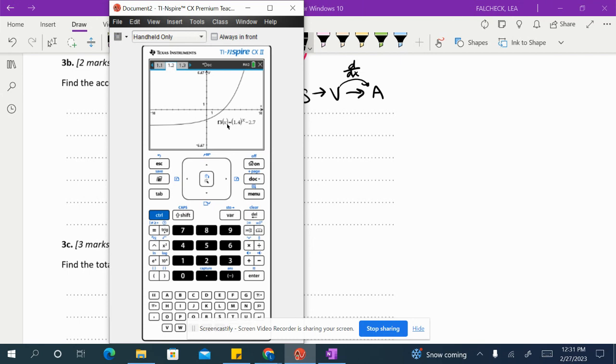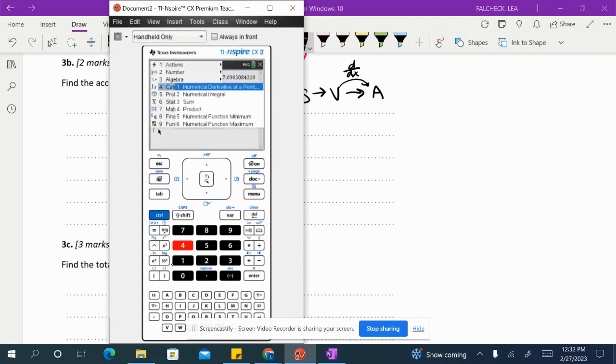Remember that this has been stored as variable f3. So let's go back to our calculator page, okay? And I'm just going to go to menu, 4, and numerical derivative at a point. Okay, so we want to find the derivative of f3 when time is equal to 2. We don't want to actually calculate the derivative, right?